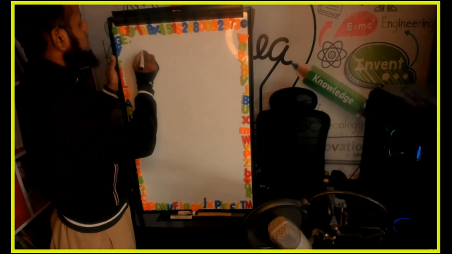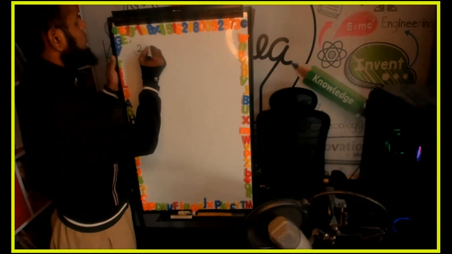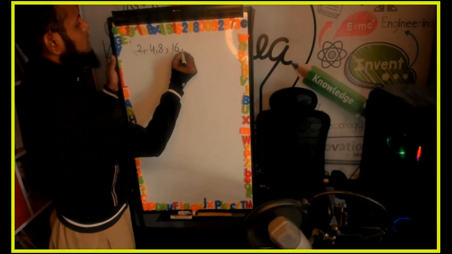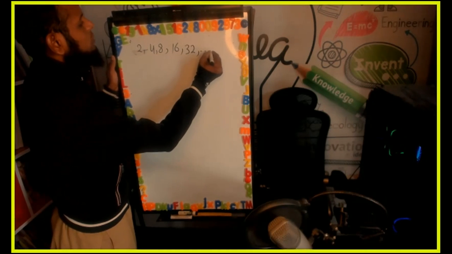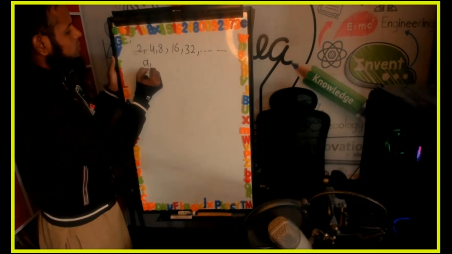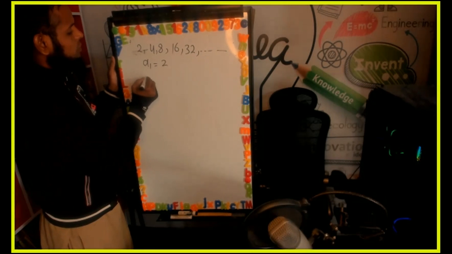Now in the last case, if our sequence is 2, 4, 8, 16, 32, and so on, A1 is equal to 2. What was the A2 formula?